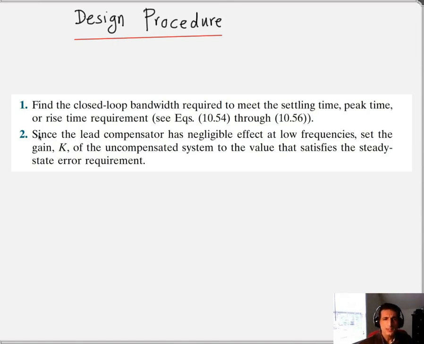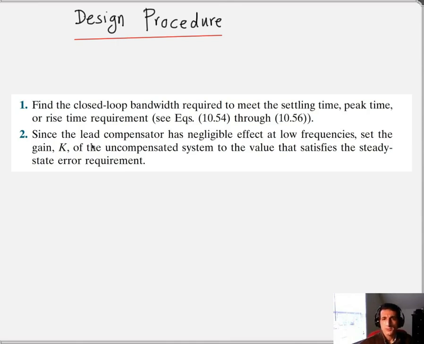In step 2, since the lead compensator has negligible effect at low frequencies, because it was flat at low frequencies if you recall, you set the gain K of the uncompensated system. You remember that you always have G of S in the form of K multiplied by something. So you first have to figure out what that uncompensated gain K is, and then for K multiplied by the open loop transfer function, you're going to design either the lead or the lag compensator.